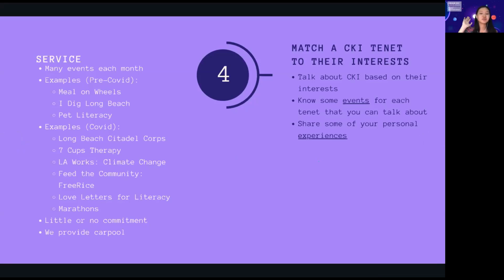So make sure that you give some examples or events relating to what's happening now. And yeah, so we have our 7 Cups, Long Beach, Citadel Corps, Free Rice, and just mention that it is little or no commitment. We don't require our members to go to a certain number of events. We provide carpool. That's not relevant right now, but we do that.